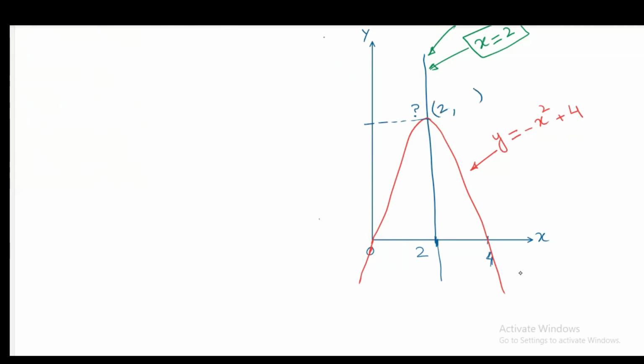This is the coordinate of the turning point, or we can say the stationary point, or the coordinates of the vertex. So the y value is still unknown. So step number 2 is to find the turning point.